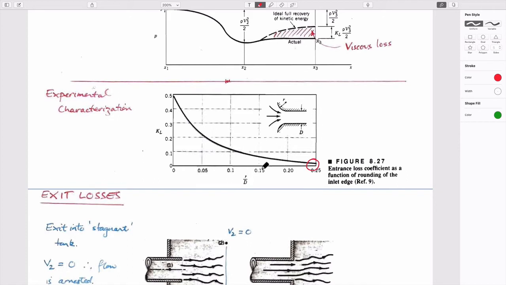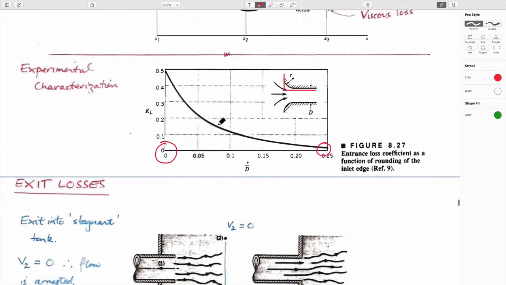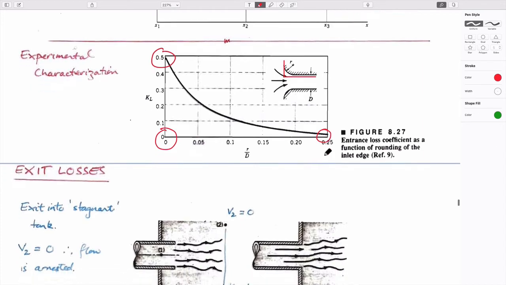So as you change the radius of curvature relative to the diameter of the pipe, from a very small radius of curvature, I guess this would physically look like this, right? This point here. Zero radius of curvature would be a very tight corner. And you'd imagine that would have the largest loss coefficient, and as you make it smoother and smoother, it goes to be smaller.